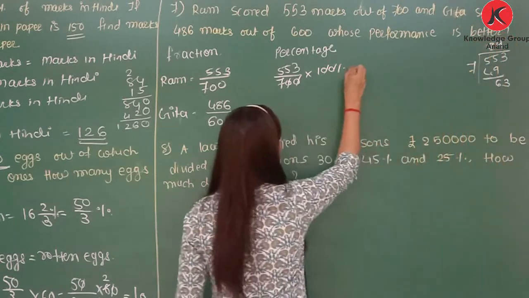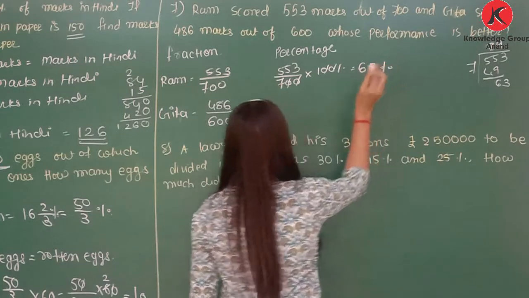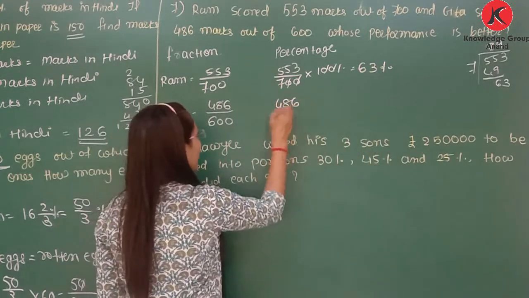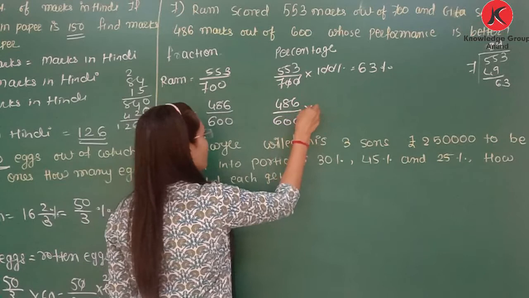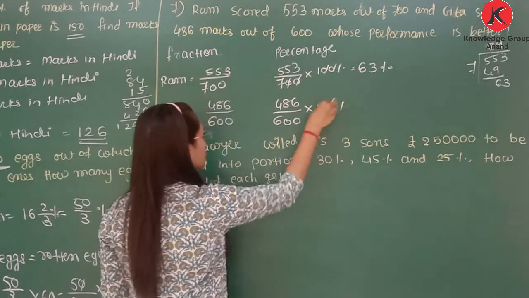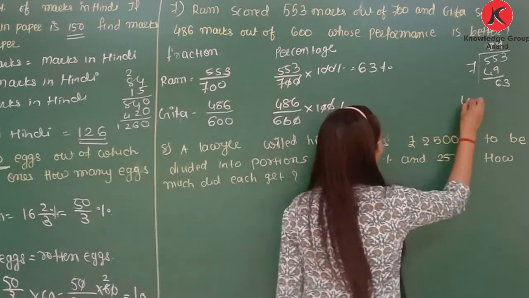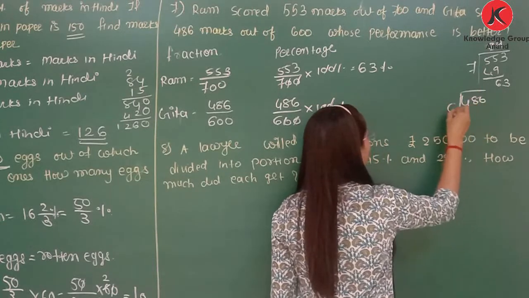So it is 63%. Now the percentage of Geeta, that is 486 divide 600 multiply 100%. So 0 0 cancel, divide 486 by 6.